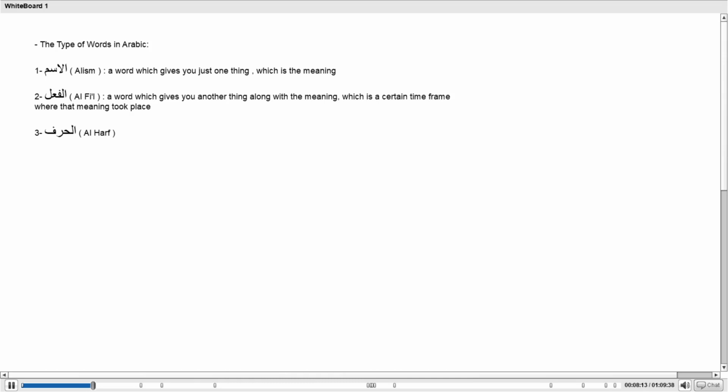Then we have al-harf. Al-harf is a word which gives you a meaning through another word which comes with it, or through other words.